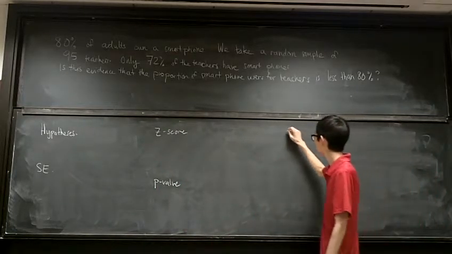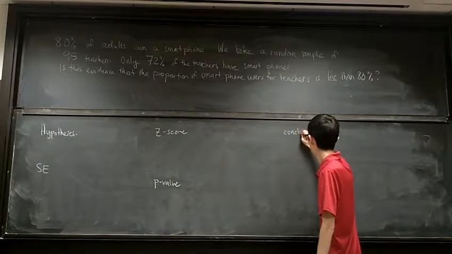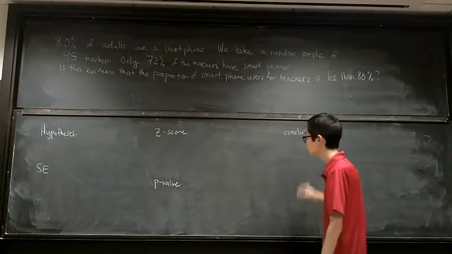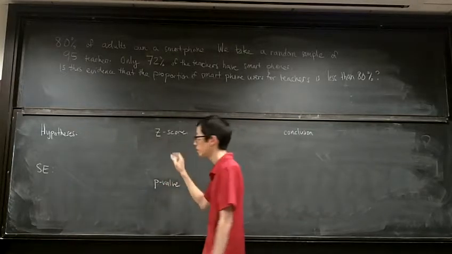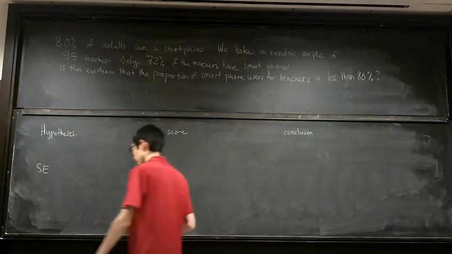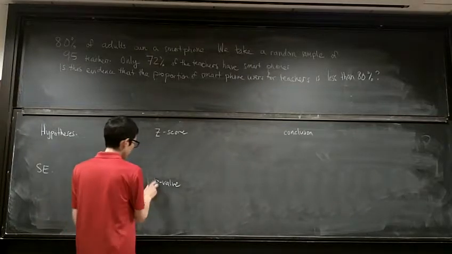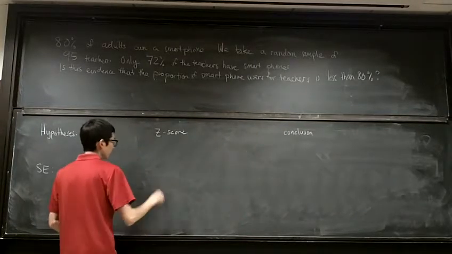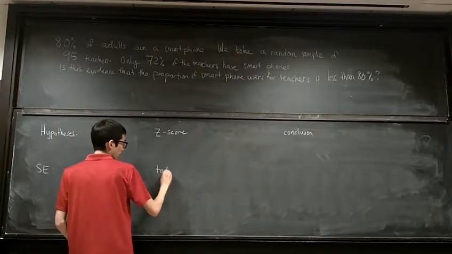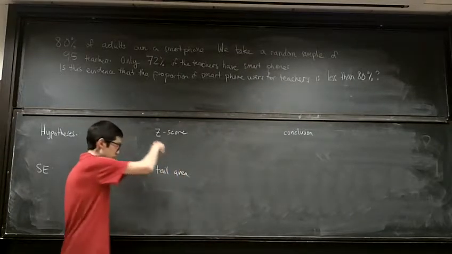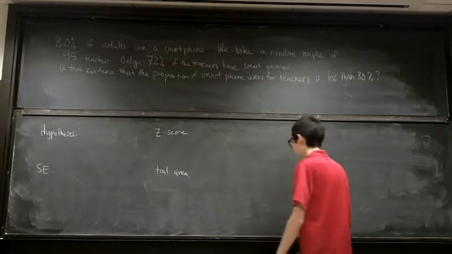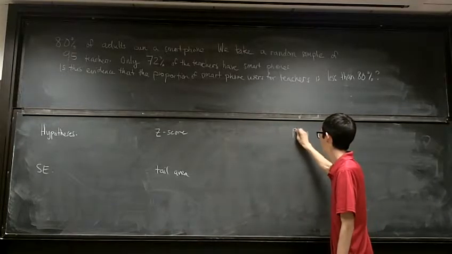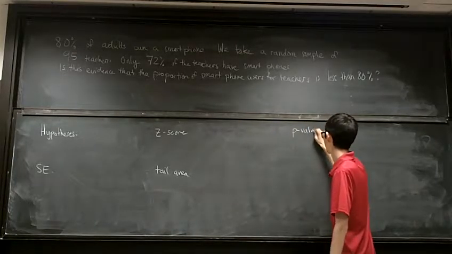And what is your conclusion? At least see if you can come up with these four, and we'll talk about the p-value and the conclusion together. I guess we'll talk about everything together.